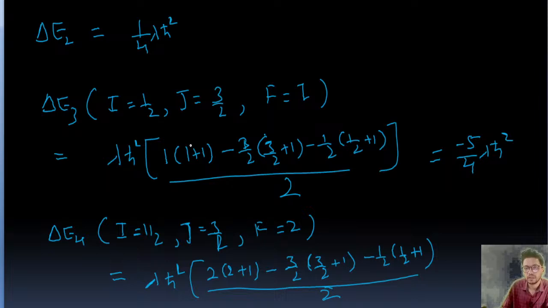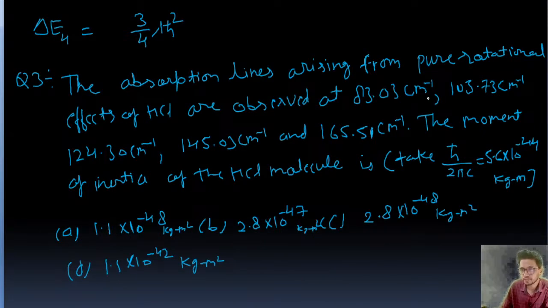2B means 103.73 minus 83.03, and then 2B is also 124.30 minus 103.73, and so on. So we'll get those 2B values, and then we'll take the average of 2B, and then we'll find the B value. These are the energy gaps, right?